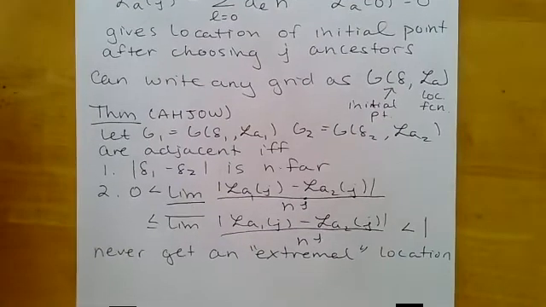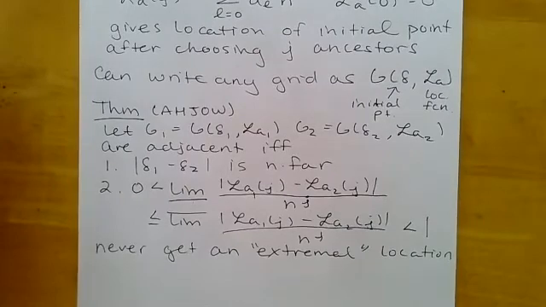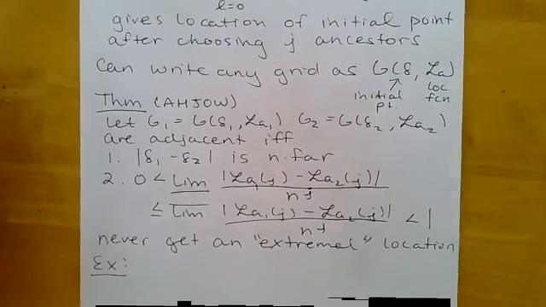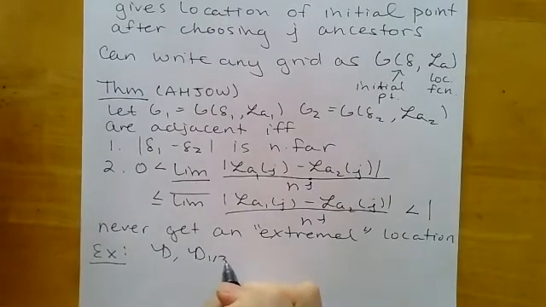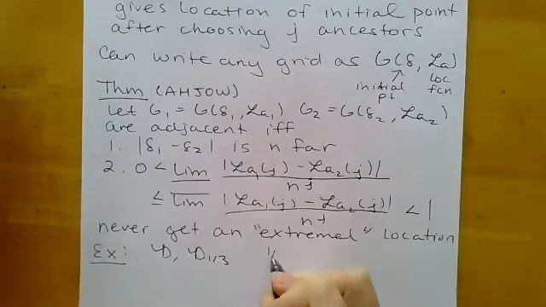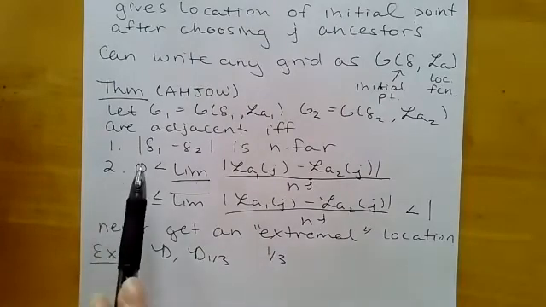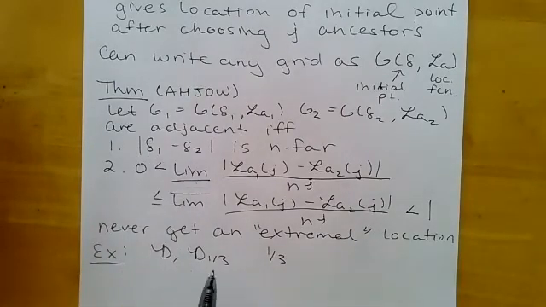Okay, so these two conditions precisely determine if you have an adjacent dyadic system. The example that we've been running around with is the 1/3 grid. We already said that 1/3 is 2FAR. That's the difference between delta 1 and delta 2: our delta 1 is 0, and delta 2 is 1/3.